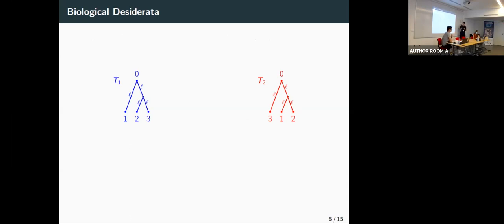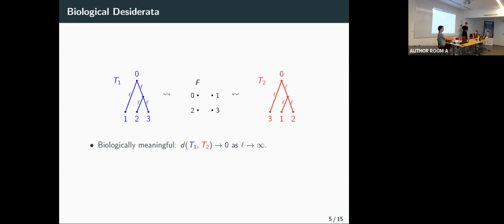And now think of what happens when all these edge lengths go to infinity. So the information that these trees convey is basically all those species are not related to each other anymore. But in the limit, both trees basically convey the same information, namely exactly that those species are not related to each other anymore.